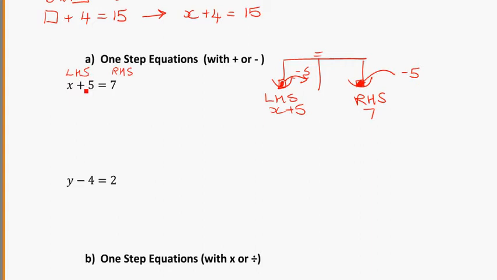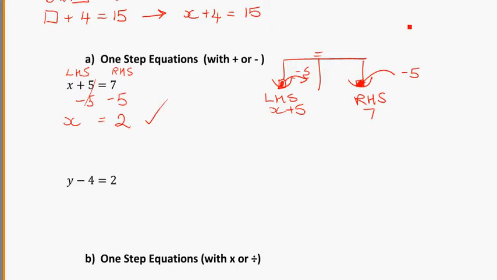So here we're going to undo the adding 5, so we're going to take away 5, because we only want the x there. That leaves the x because plus 5 minus 5 is 0. But we have to take 5 off the other side as well to keep it balanced. So 7 take away 5 is 2, and we have our solution.